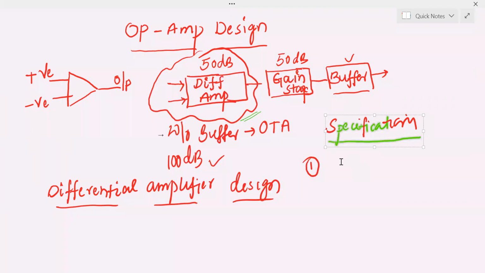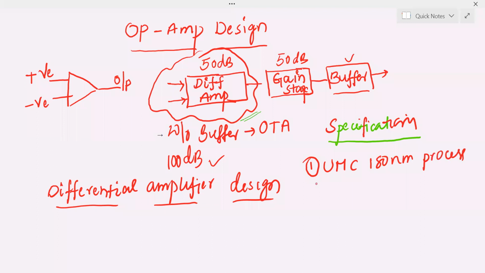First one, UMC 180 nanometer process, or technology, you can say.